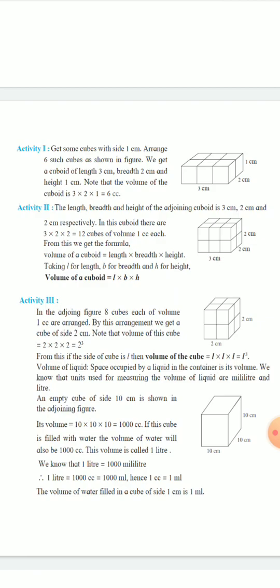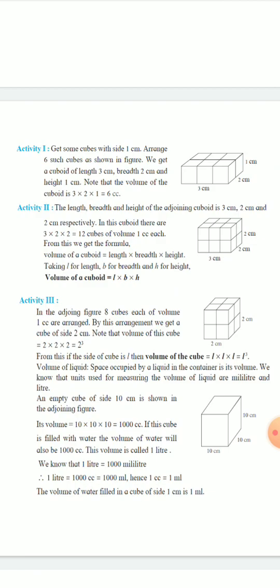Listen carefully, if this cube is filled with water, the volume of water will also be exactly equal to the volume of the cube. So the volume of water will also be 1000 cubic centimeter. This volume is called 1 liter.